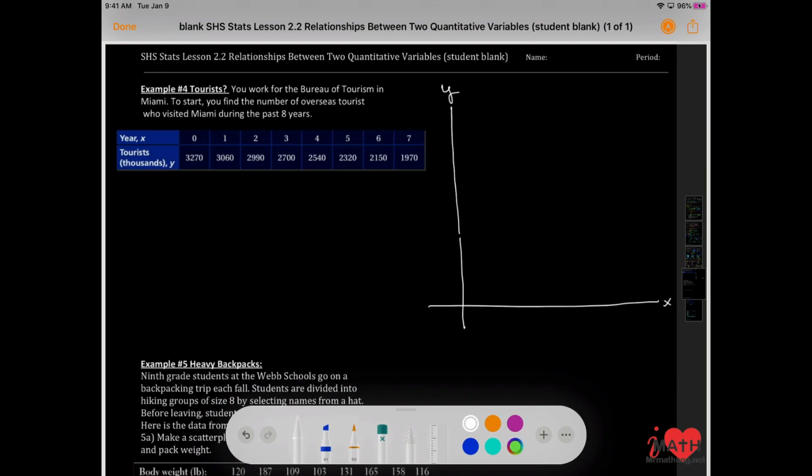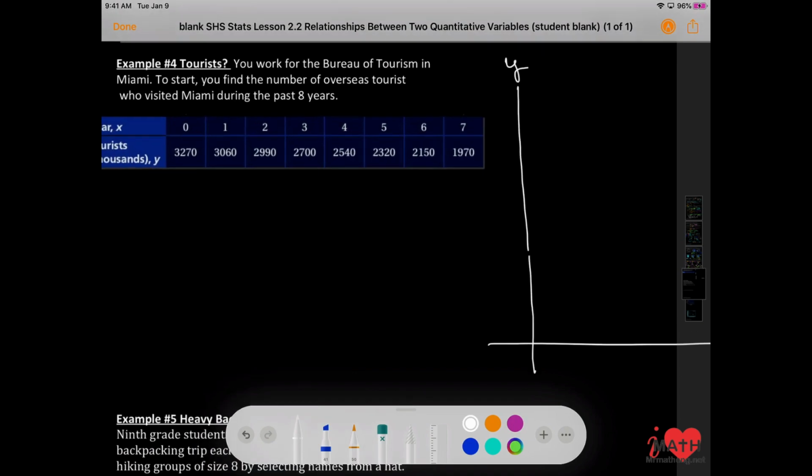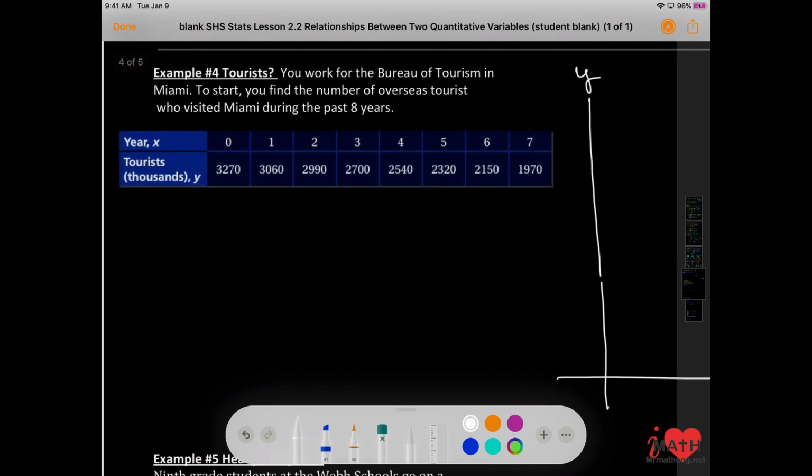Tourist: you work for the Bureau of Tourism in Miami. To start, you find the number of overseas tourists who visited Miami during the past 8 years. Okay. In this problem, it was just referenced as this is now. This is now, as in years ago.